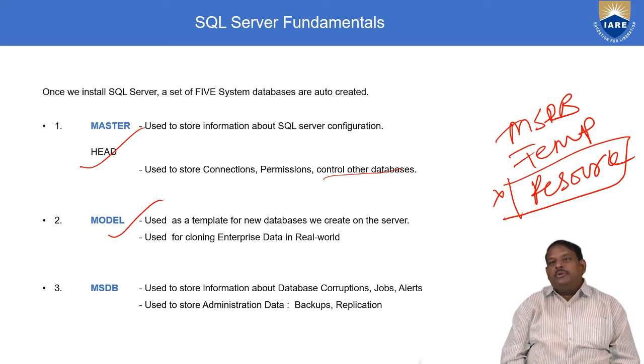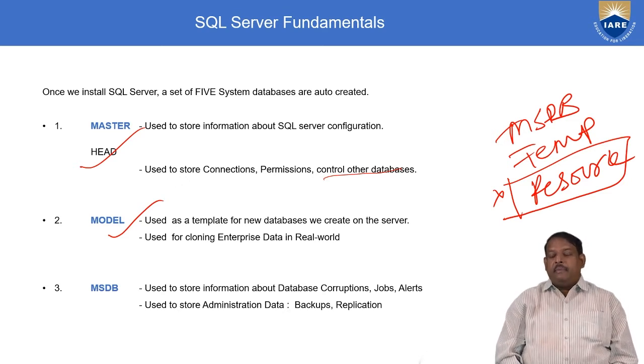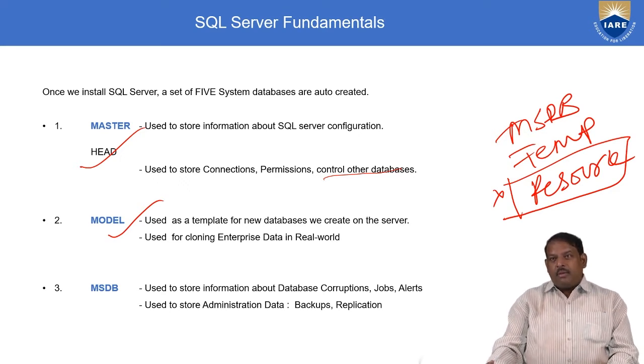If a database gets corrupted, then you have lost all your old data. So we need to take backups frequently. That frequency will depend upon how critical your database is. Suppose I am working in the banking sector, every transaction has to be backed up. So backup is taking a copy of your database. After taking a backup, if your main database file gets corrupted, then using restore, we can restore the database from the backup.